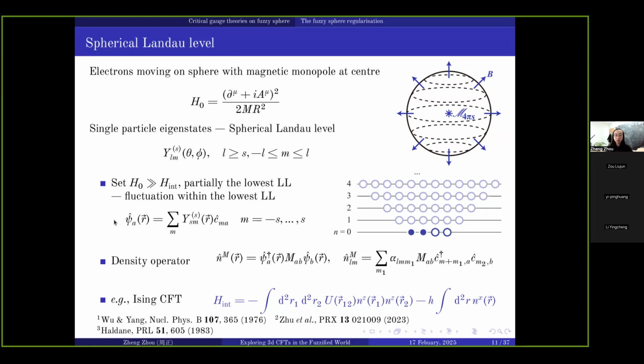Somehow you see that the Hilbert space is not complete. So it is possible that after the projection, the model can look the same. For example, by fine-tuning, on the lowest Landau level or on the higher Landau levels, you can tune the model to the same. It is just that it is interpreted as different interaction potential.